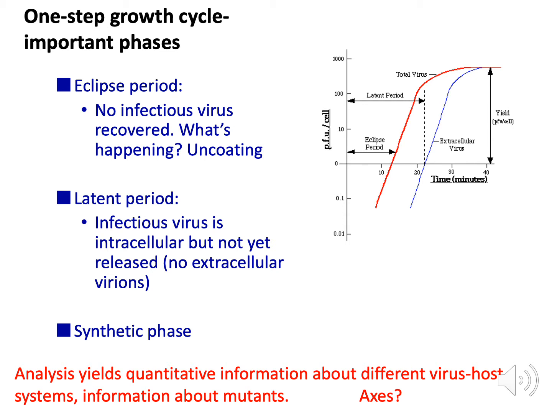You could take, for example, the supernatant of the culture. What these curves look like can be different with the same virus in different cells, or in the same cells with different viruses, mutant viruses. So it can be really informative.